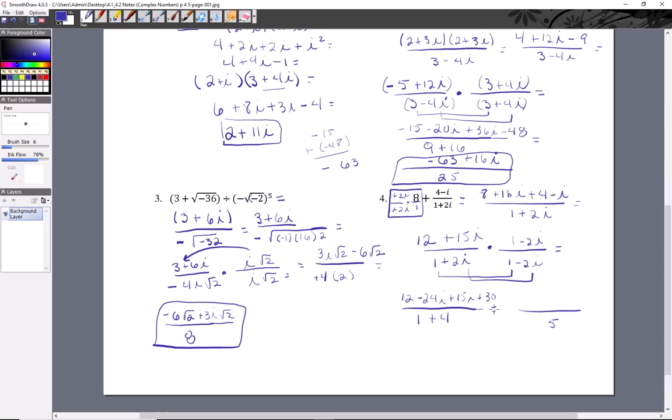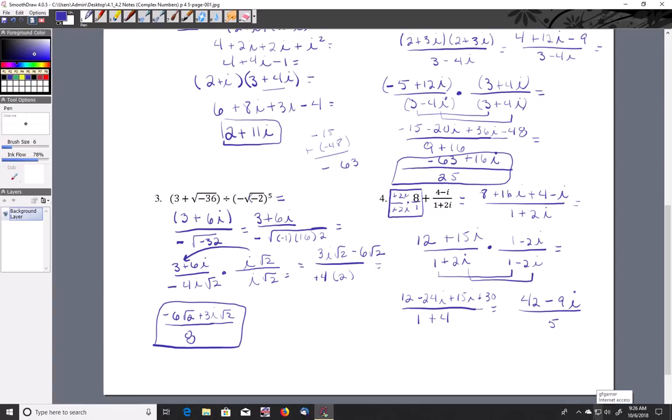All right, ran out of room a little bit. So 42, if you add the 30 and the 12, and then a negative 24 plus 15, isn't that going to be minus 9i? And let's make sure I did that right. Okay, I'm going to pause for a second just to double check my work.